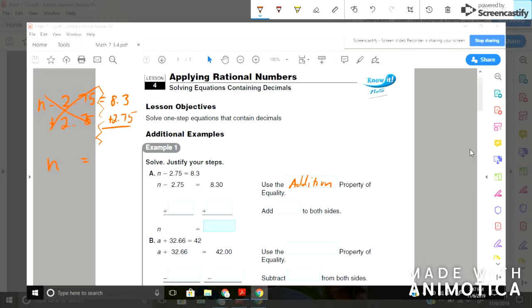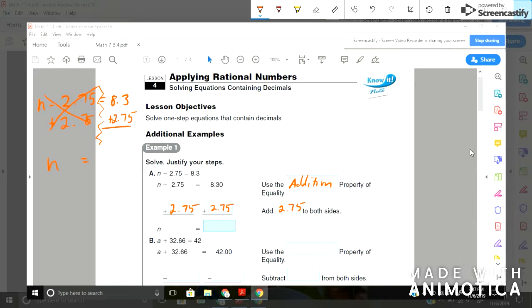Okay, so add 2.75 on both sides. And that's just the same right here. I'm just saying that I'm going to add 2.75 to both sides of my equation. Whatever I do to one side, I have to do to the other. Okay, then I can just add.